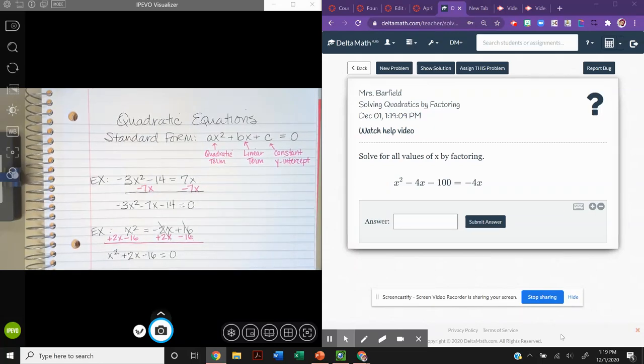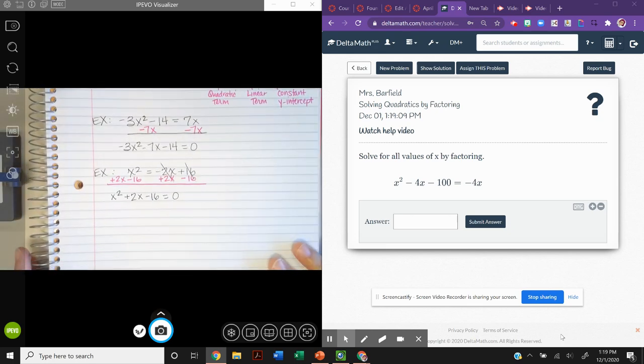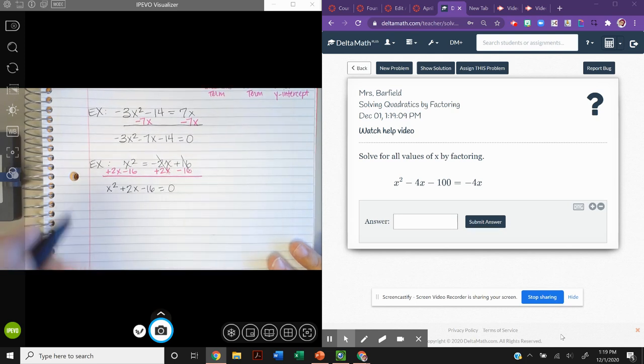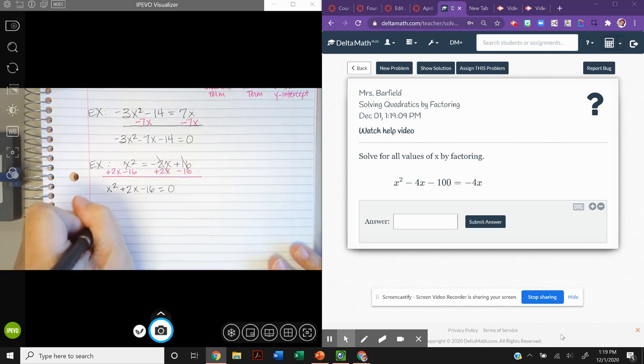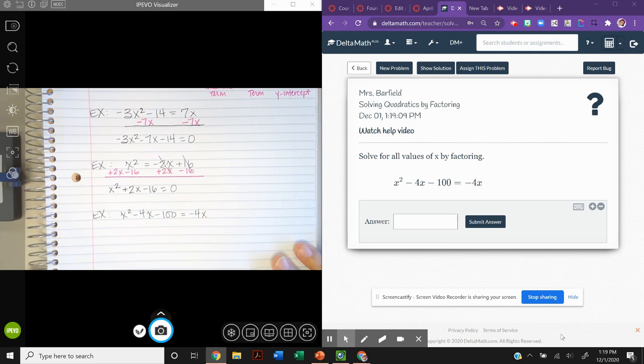We are now looking at the second part of our assignment, which moves us into the solving part of solving quadratic equations. I have x squared minus 4x minus 100 equals negative 4x.